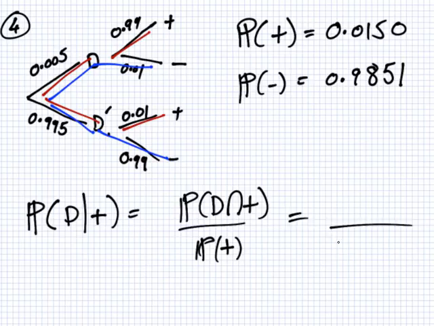On the bottom we have 0.0150, and then on the top it will be 0.005 times what? 0.99. So this is what we were looking for. Let's see what we get. 0.33. Yes.